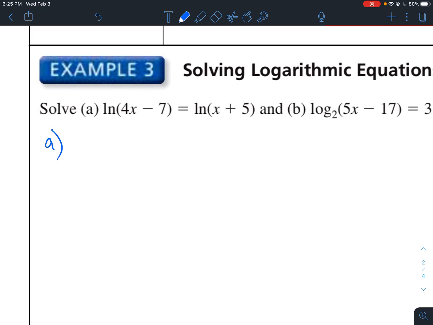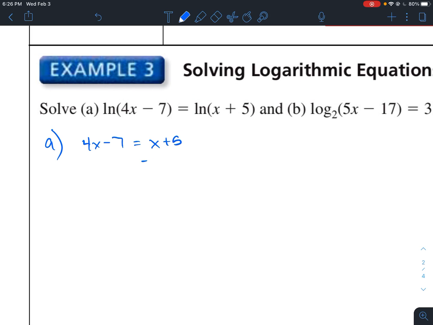Now, since this is the natural log of 4x minus 7 and this is the natural log of x plus 5, because they're equivalent to each other and they have the same base, we can just take the arguments and set them equal to each other. So 4x minus 7 is equivalent to x plus 5. And now we can just solve this algebraically.